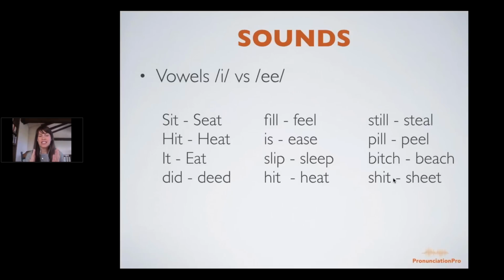So that's that I sound, and now you're hearing it correctly. You're getting it into the words correctly. Now you want to build on that and say, okay, now as I go into sentences and reading, I need to pay attention to that short I and make sure that I'm getting that I sound. And the more that you read and bring your awareness to that, the more it's going to bridge over to your conversation.